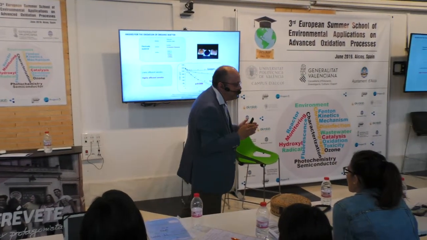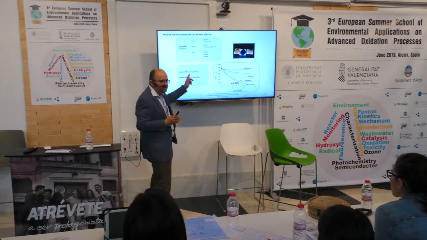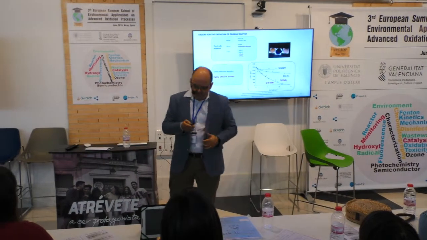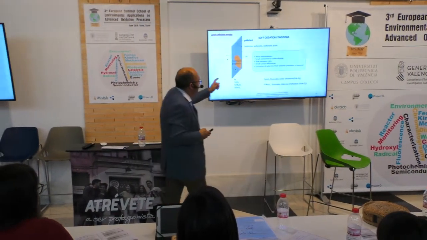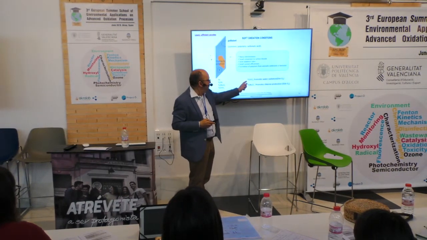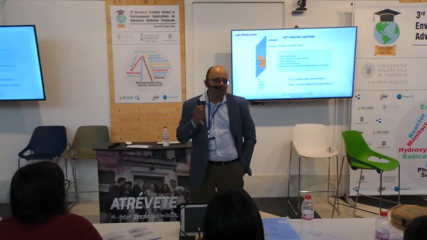I'm going to classify them into two categories: lowly efficient anodes and highly efficient anodes. Anodes like the MMO, mixed metal oxide, or iridium oxide, or ruthenium oxide anodes are lowly efficient.